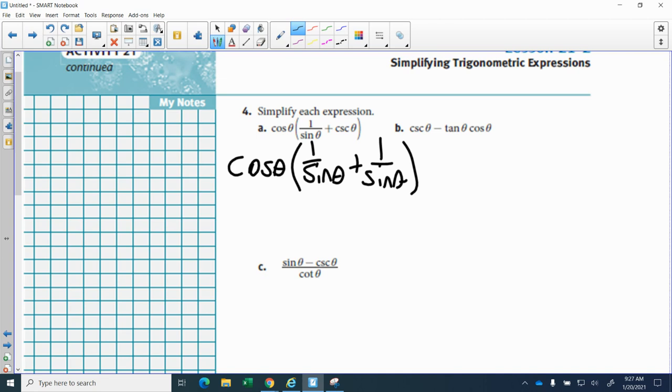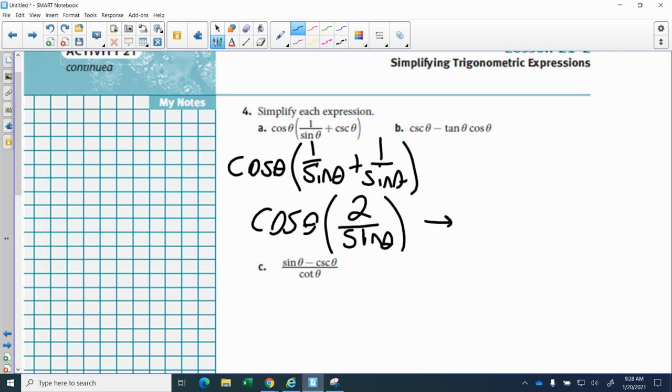This is where we start testing our algebra skills. Notice how we have the same common denominator, which means this would become cosine of theta times, parenthesis, and when I add those fractions together, that would become 2 over sine of theta.